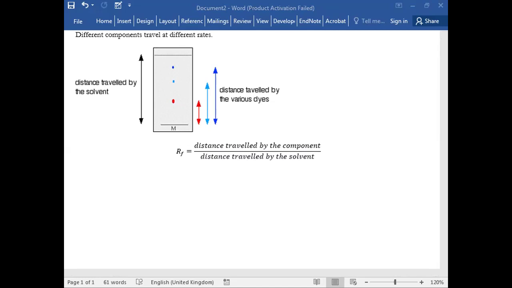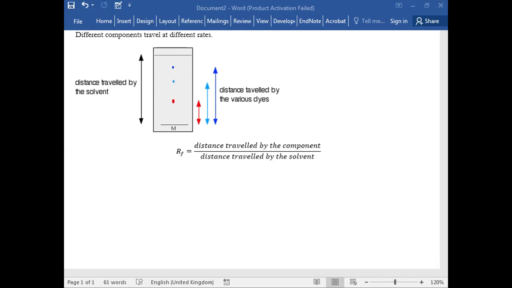सही है. Okay, now we need to understand one more thing. RF वैल्यू किस किस चीज पे डिपेंड करती है? बोलो बोलो बोलो. Type of solvent.